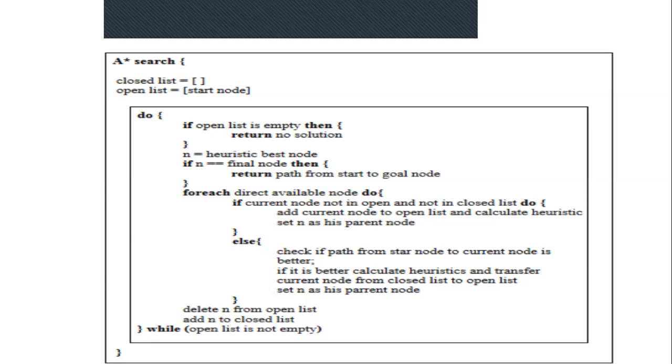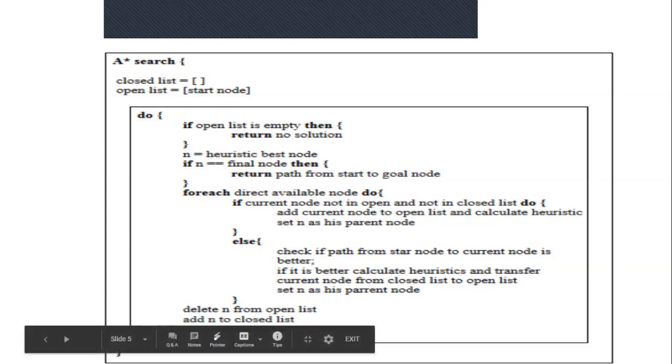But if it is not the final node, then for this heuristically best node we look for all the directly available nodes, and if they are not in the open or the closed list, we calculate the heuristics for them, and then we assign the current node as their parent node.